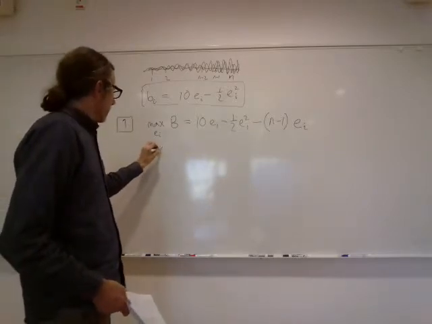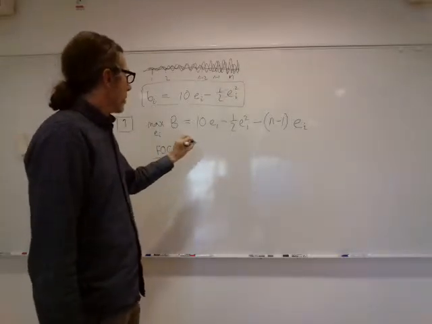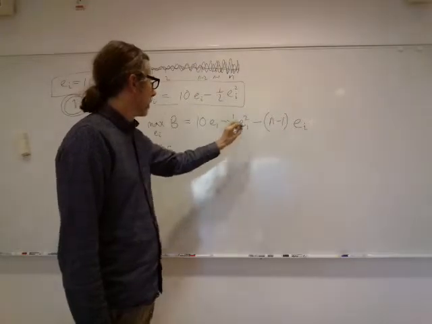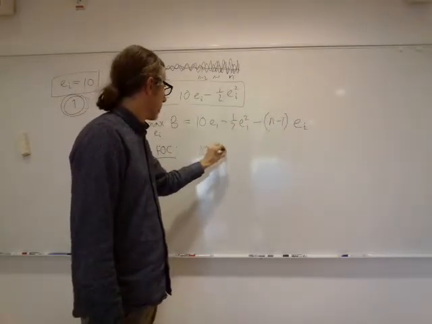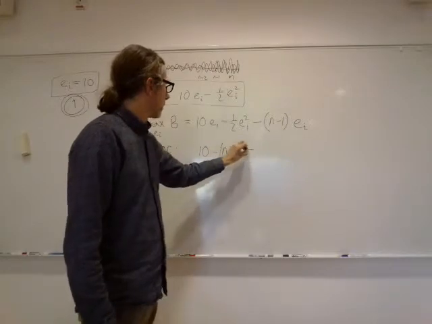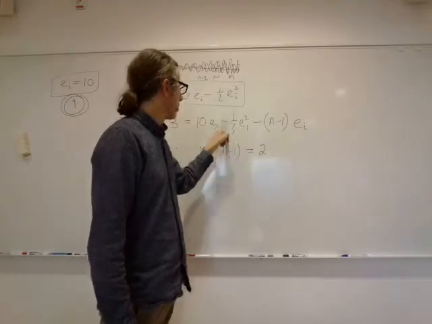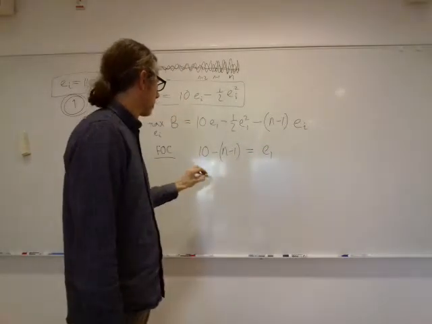So let's take the first order condition, which is going to give us that 10 minus n minus 1 equals 2 times a half is just E1.